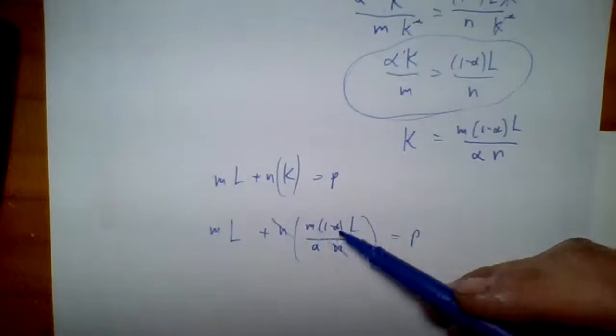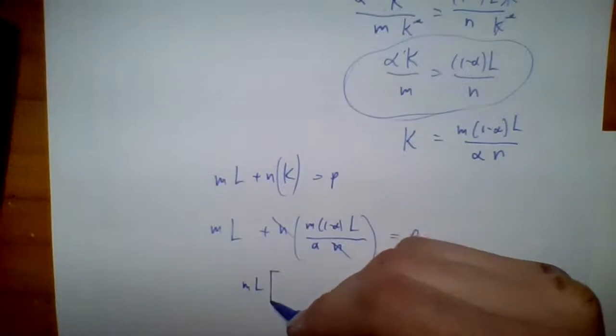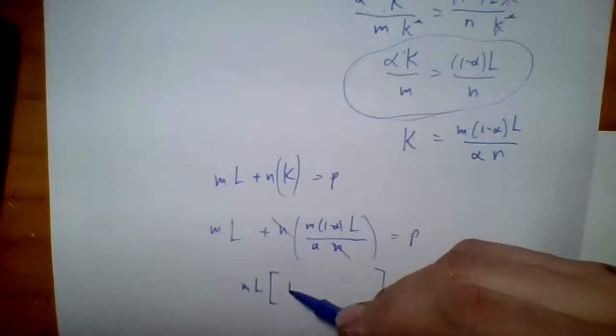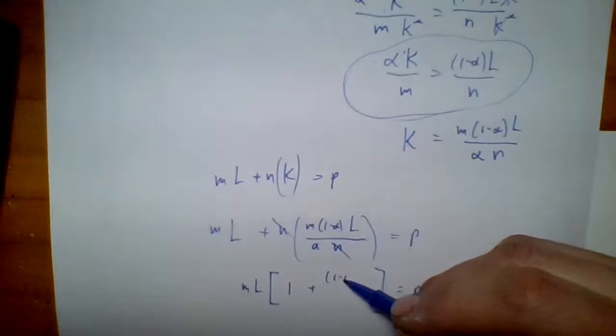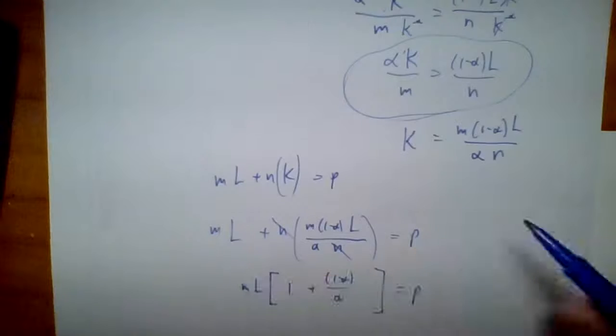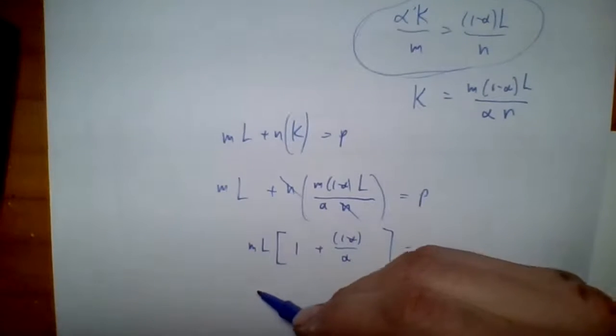I got a common factor actually of ML. I'm going to factor that out. That's 1 plus 1 minus alpha over alpha. That's all I got left when I factor out the ML. So I'm going to simplify that. We're getting somewhere.